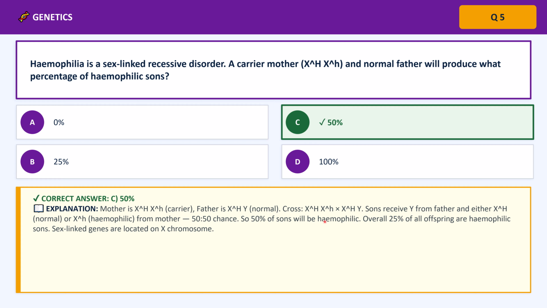Cross XHXh and XHY. Sons receive Y from father and either XH normal or Xh hemophilic from mother. 50:50 chances, so 50% of sons will be hemophilic. Overall 25% of all offspring are hemophilic sons. Sex-linked genes are located on X chromosomes.